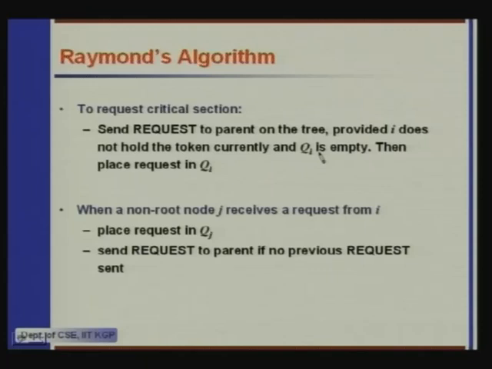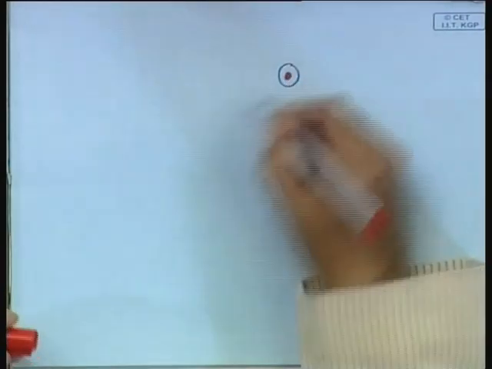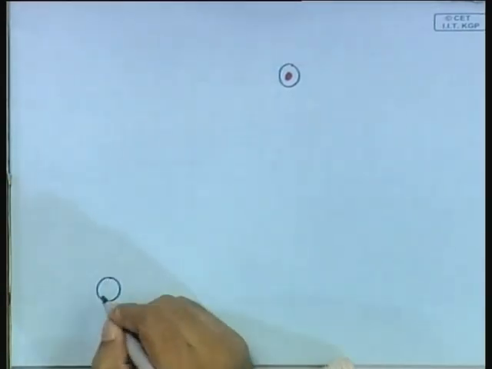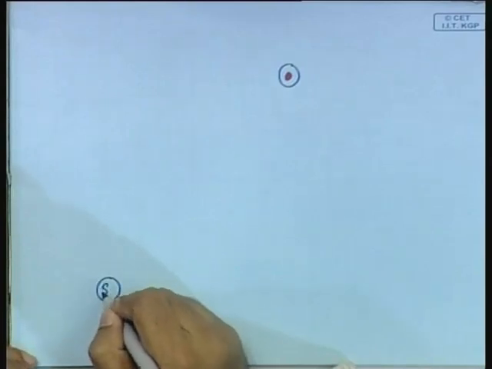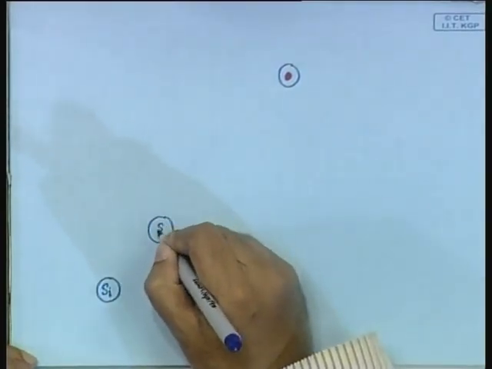Let us understand. Let me take an example. This is the root which is holding the token. Okay. Now, somewhere down here, this Si has made a request to Sj.